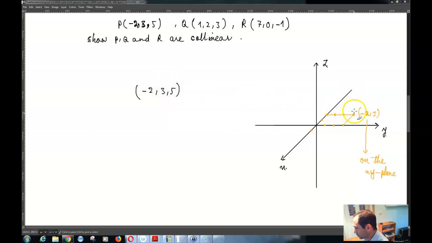So going up means that you need to draw a perpendicular to the xy plane, which would be this line over here, going through that plane in a perpendicular way. And then you want this distance to be 5 units. So that is 1, 2, 3, 4, and 5.